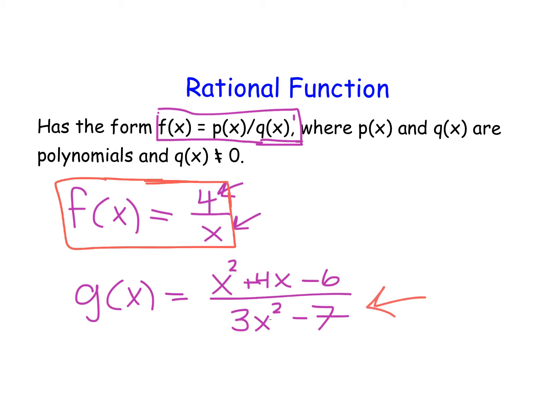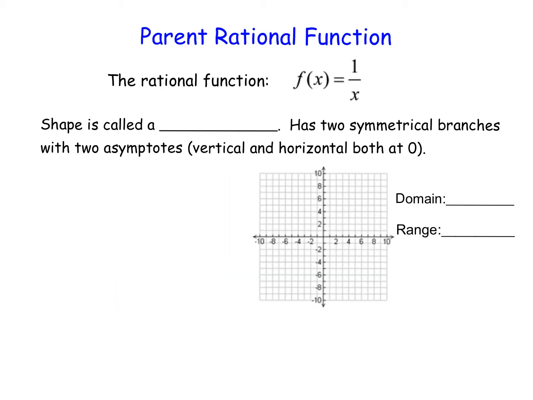In this video, we're going to focus on these simple functions. How do we graph these very simple rational functions and put them onto the coordinate plane? To begin, let's look at the simplest of the rational functions, which is f of x equals 1 over x. The shape this graph makes is called a hyperbola.